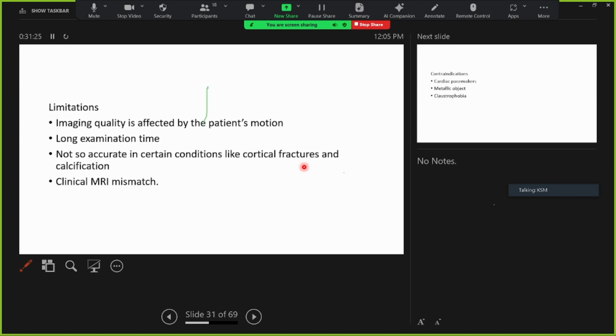Sometimes you can't get very accurate bony details from the MRI. And sometimes there is clinical MRI mismatch. Sometimes patients are having backache, but the MRI is so sensitive that sometimes they find pathologies which are not related to the backache. So we have to interpret the MRI findings and the clinical findings more cautiously.